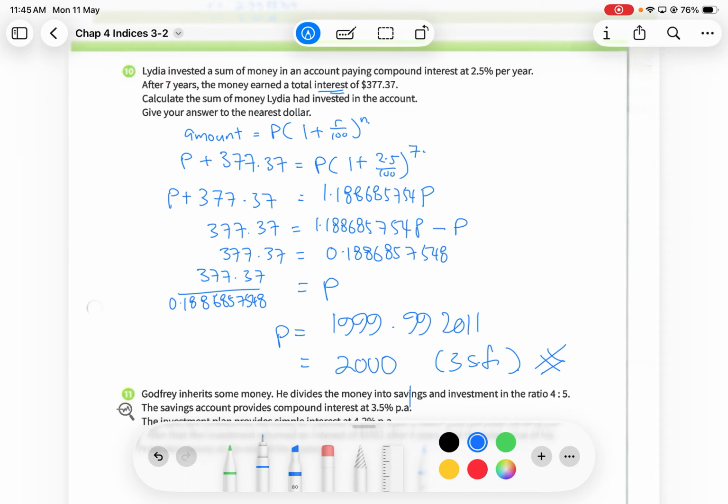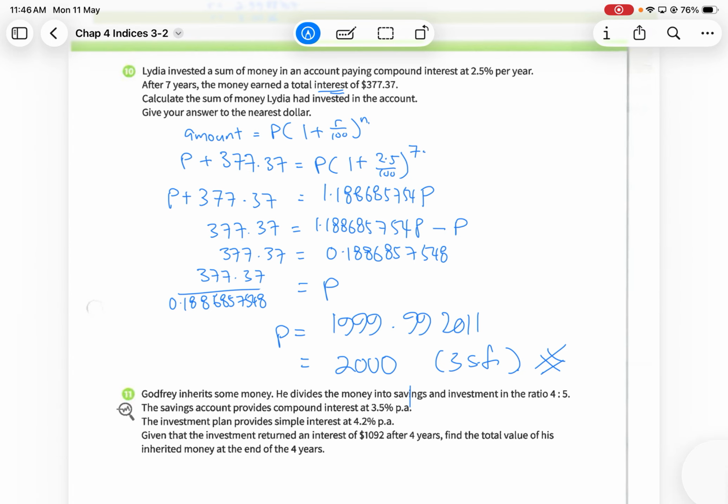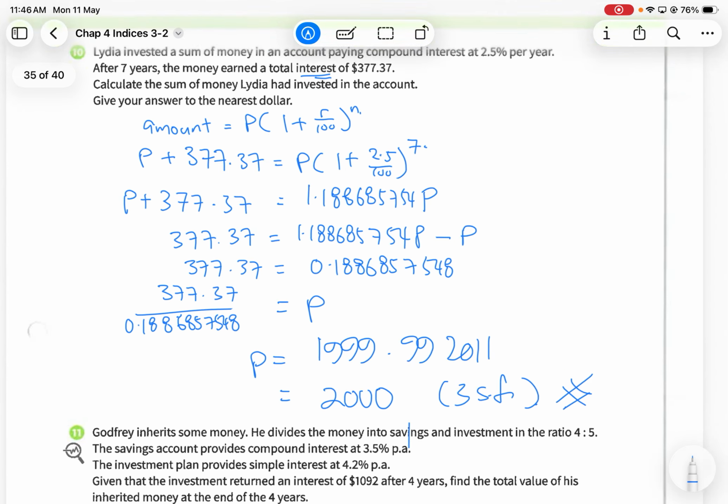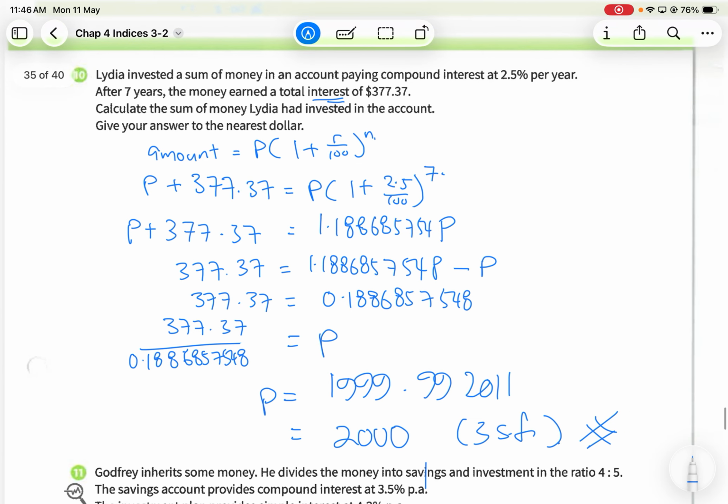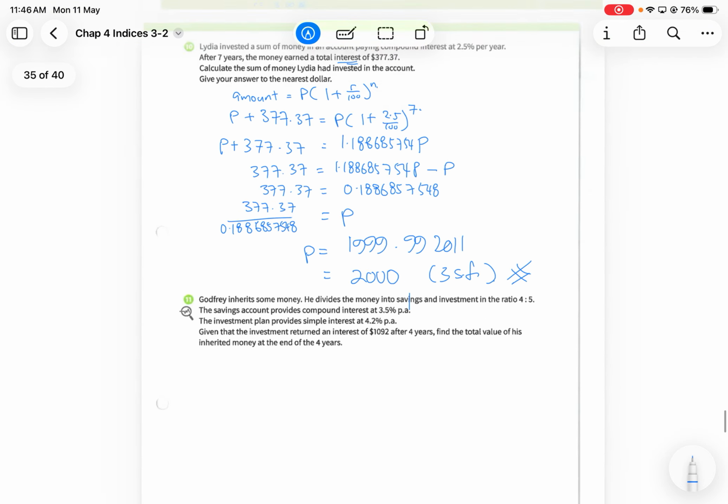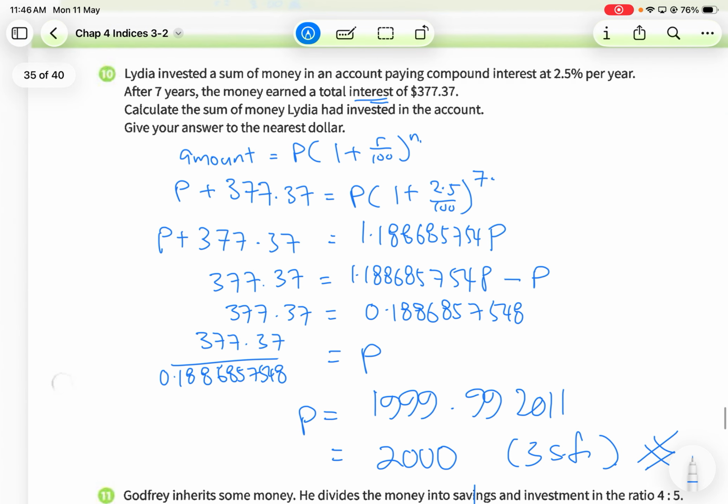Okay, so the starting amount was 2,000. Okay, I think we are done with our compound interest.